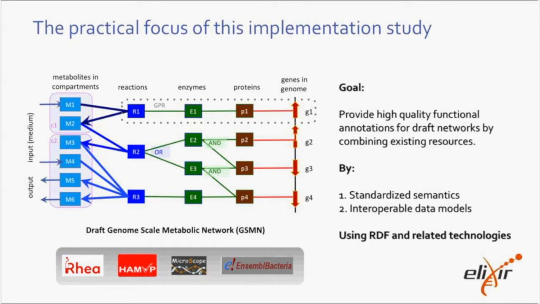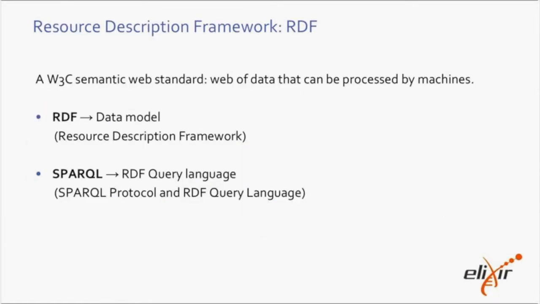Okay. So to achieve these goals, we used RDF and related technologies, and I'll show you that in more detail. Okay. So for those of you who are not familiar with RDF, it's one of the W3C semantic web standards. The semantic web, as probably most of you know, is a web of data that's designed to be processed with minimal intervention, really by machines.